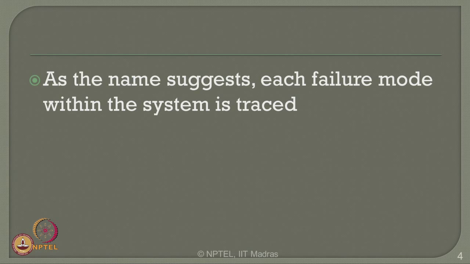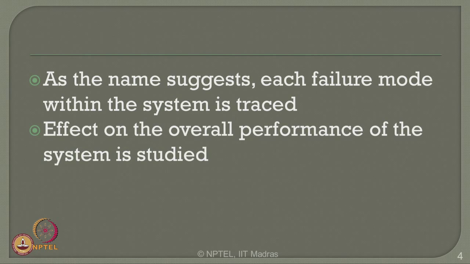As the name FMEA suggests, each failure mode within the system is traced by this method. The effect of the failure of these items or components on the overall performance of the global system is then examined.